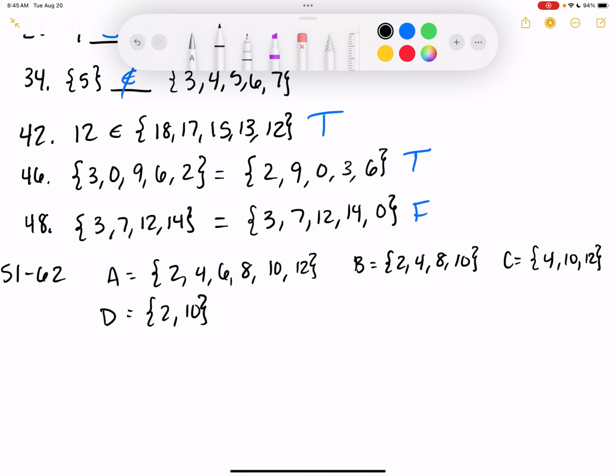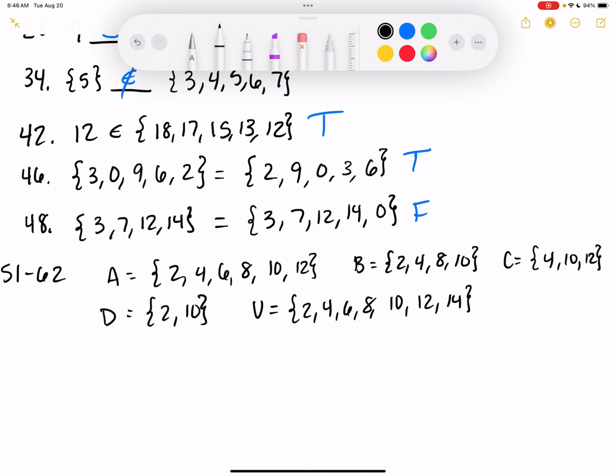And then the universal set, which is going to be everything, is 2, 4, 6, 8, 10, 12, 14. And so then you would use that to answer all the questions about this set of questions.